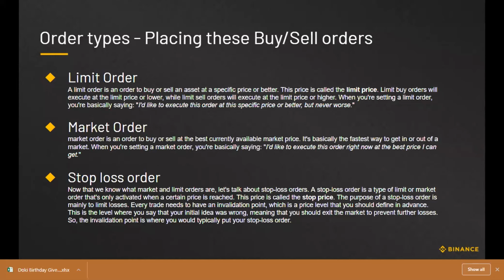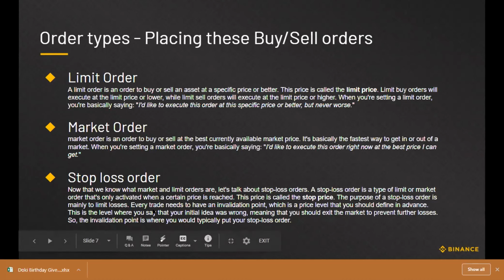What I would use is a market order. So I just click market order. I'm going to show you how to do that. I click on how much of my Naira I want to use to buy the BTC and click buy, and it buys instantly, because at that point I'm buying at the market price.